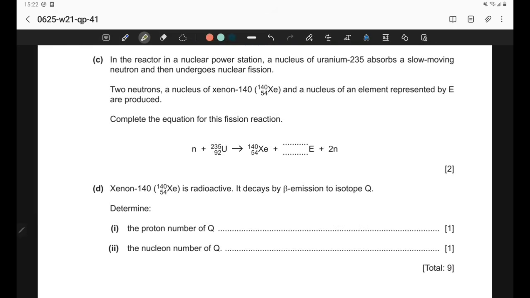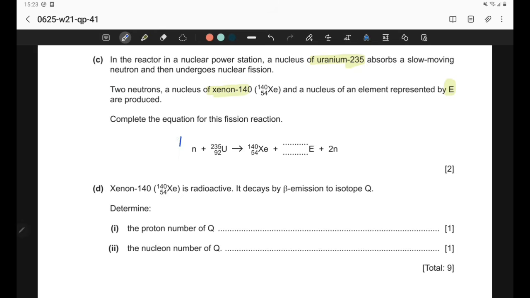Part C. In a reactor in a nuclear power station, a nucleus of uranium 235 absorbs a slow moving neutron and then undergoes nuclear fission. 2 neutrons, a nucleus of xenon 140 and a nucleus of an element represented by E are produced. Complete the equation for this fission reaction.